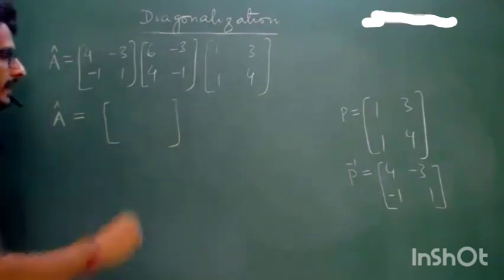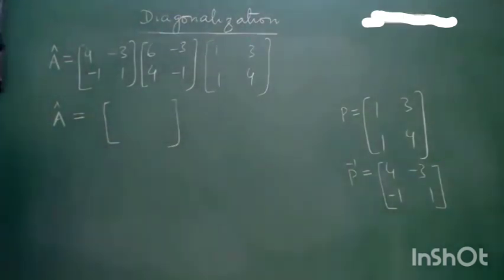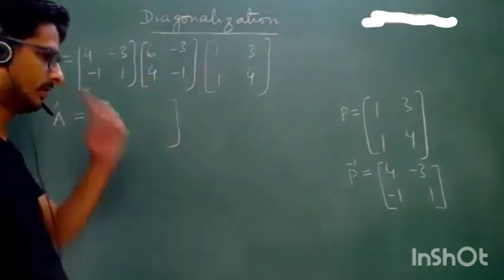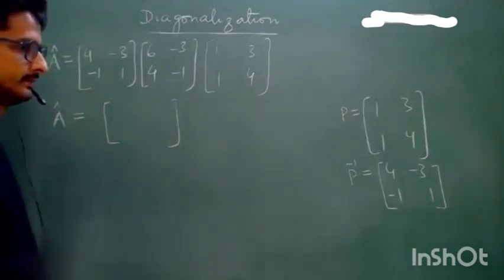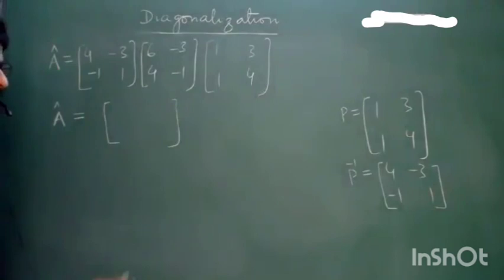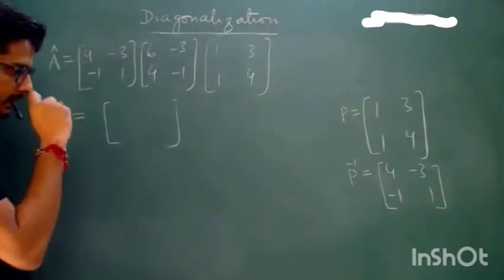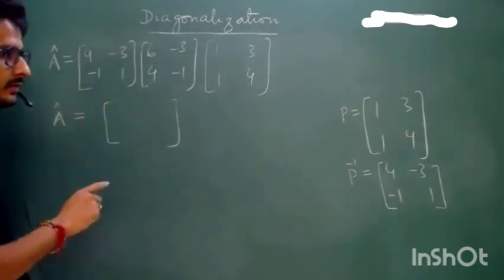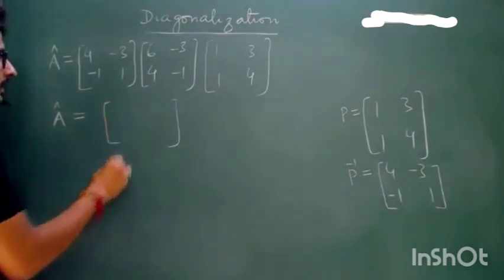2 cross 2 you can multiply, no? Or not? So it's 3, 0, 0, 2. Multiply the matrices. You know how to multiply? I'm talking about the others. Everybody knows how to multiply a 2 cross 2 matrix?